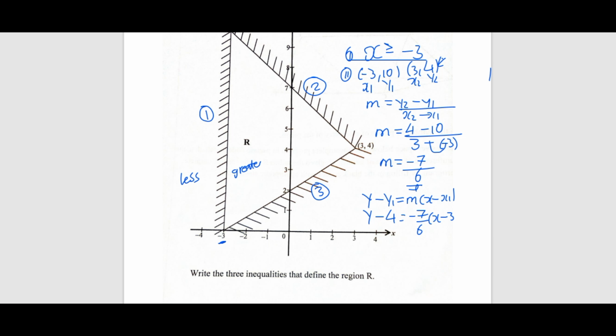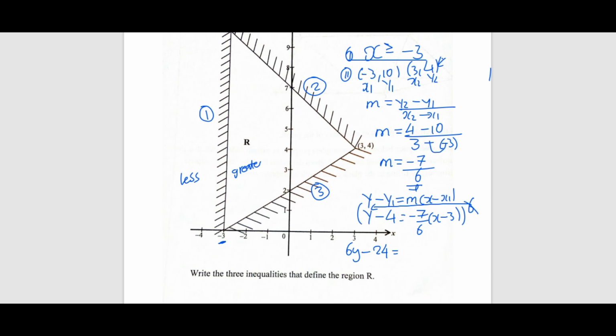x1 is 3. Now let's first get rid of the fraction. We can get rid of the fraction by multiplying everything by the denominator, which is 6. So 6 will multiply with y, this will give us 6y. 6 times negative 4 will give us negative 24.